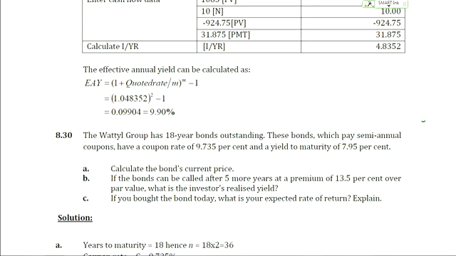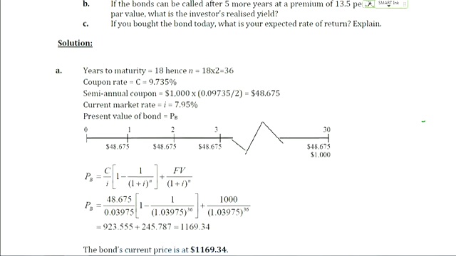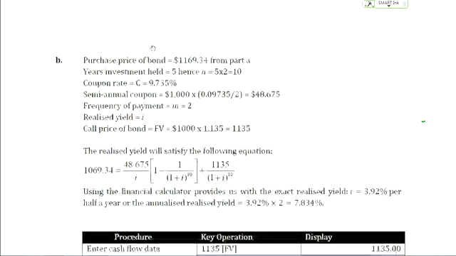And in this case, your expected return will be the realized yield when the bond is called. That's it. That's the only difficult part in part C. So in part C, it's just a summary of the two scenarios when your bond is held to maturity or when your bond is sold prior to the maturity. Okay? So question 8.30 would be similar to the previous one.